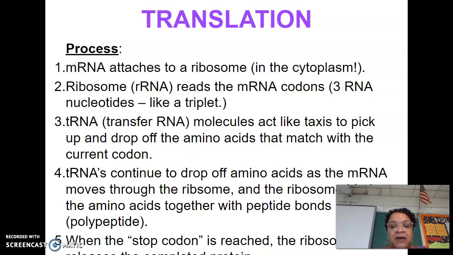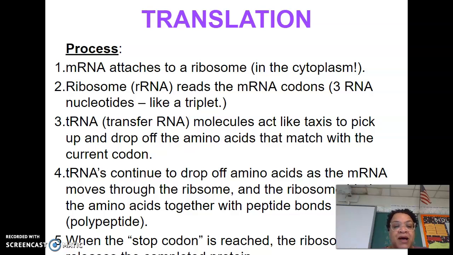Imagine that the ribosome is like one of those check cashing cards at Food Lion or Walmart, and the messenger RNA is like your debit card. So the messenger RNA moves through that machine just like your card would, and the machine reads all the information.